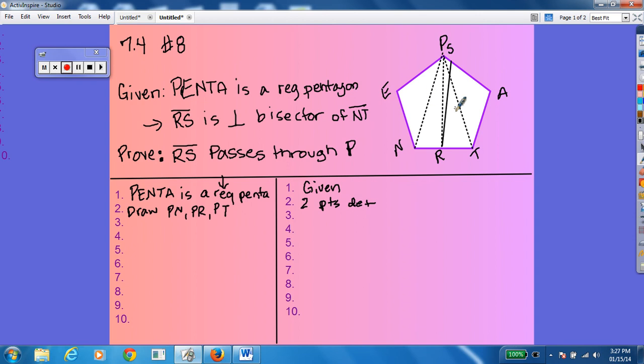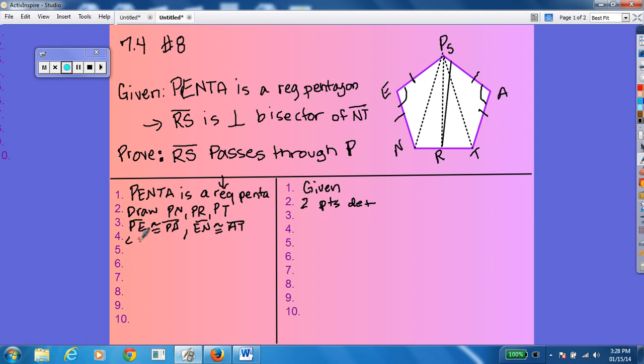So I'm trying to prove these are isosceles, which we did in number 5. So remember, we marked these as congruent sides and those angles as congruent, and we proved that this was isosceles. So what we're going to state first are that the sides are congruent. So we're going to say that PE is congruent to PA, and EN is congruent to AT, because if it's a regular pentagon, the sides are congruent.